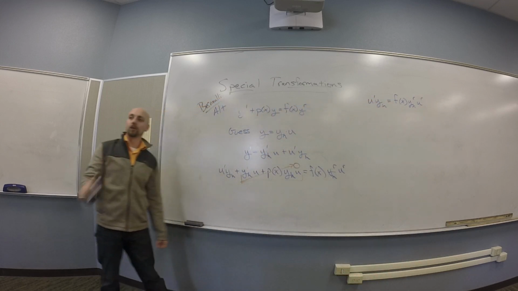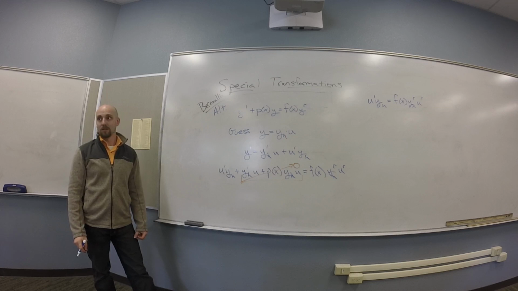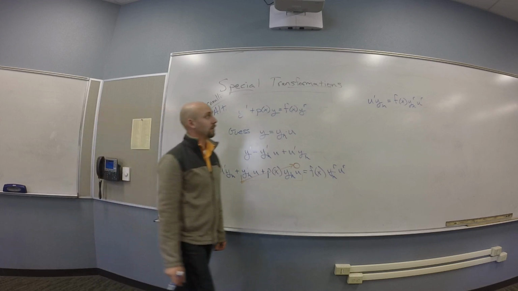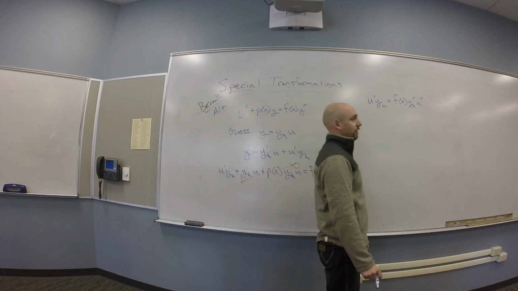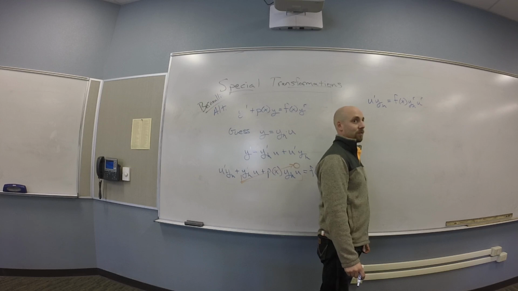So y_H is a function you know at this point. You guys see that? So what am I solving for here? u prime or u. Yeah, I should be solving for u, so I want u prime by itself. Well, except there's u's.